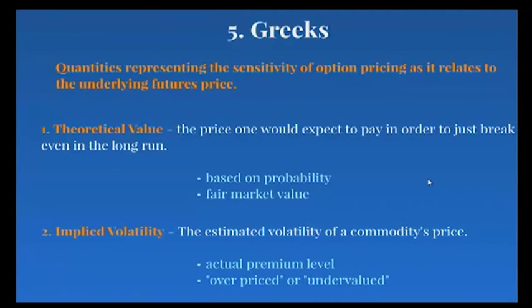It can help you determine if a contract is overpriced or undervalued. So if it's overpriced, you want to be an option seller. If it's undervalued, you want to be an option buyer. So we can determine the implied volatility. We can use one of our strategies that will help us get into a position where it's overpriced or if the market is undervalued.